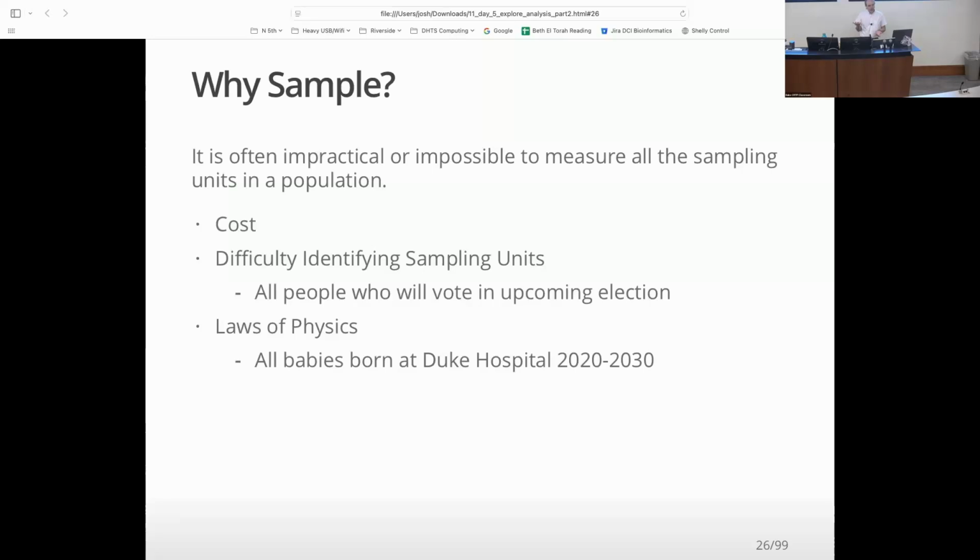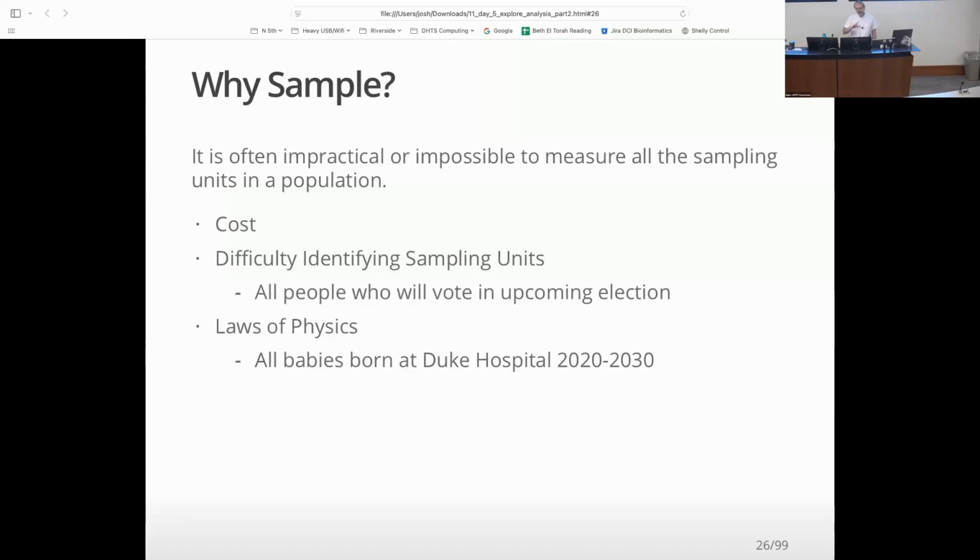But it's 2024 and I want to know something about all the babies that are going to be born this decade. I don't know anything about those babies for sure. I can't measure the babies that are going to be born next year, the year after, and the year after that. So the population might not be accessible because of the laws of physics, because I can't travel to the future.